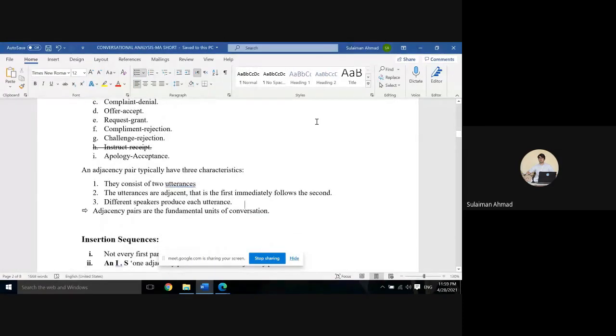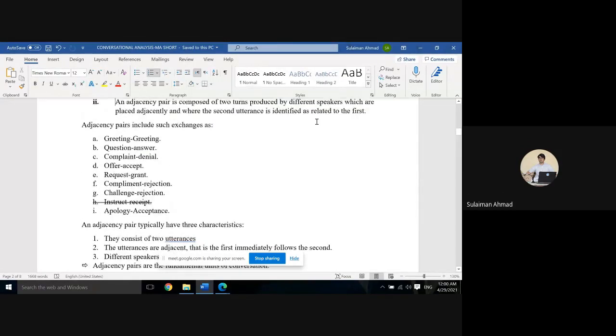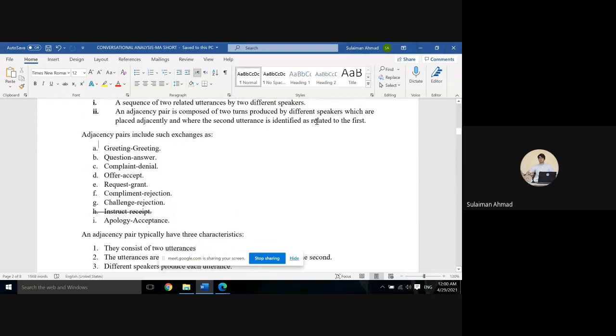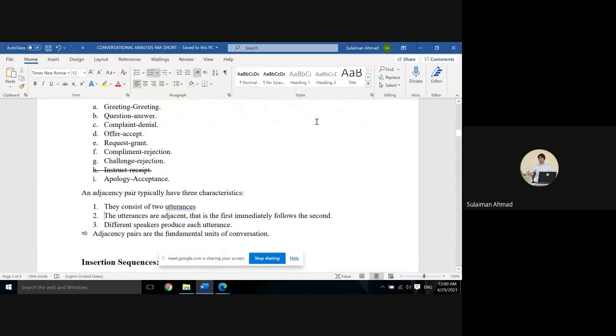Now, an adjacency pair typically has three characteristics, which we have already talked about here. Let's further explicitly talk about them. The first characteristic is that there must be two utterances. An adjacency pair consists of two utterances.